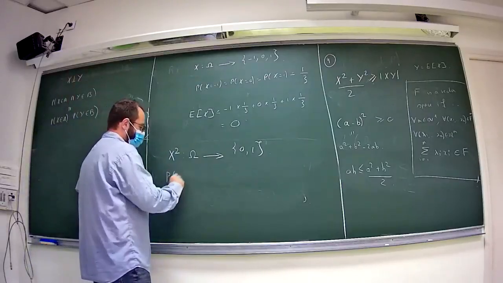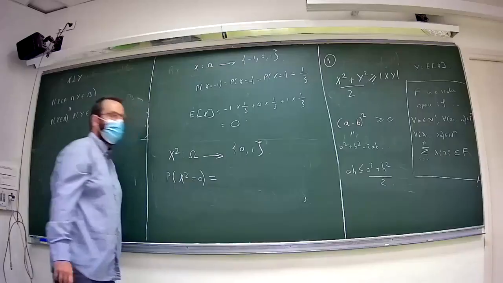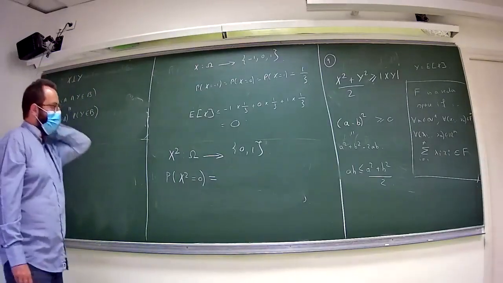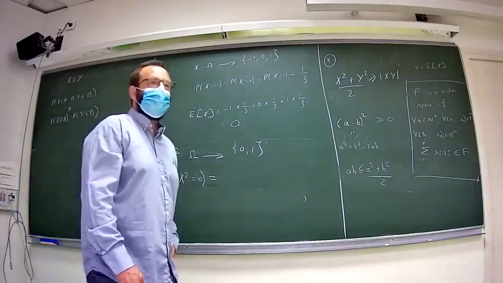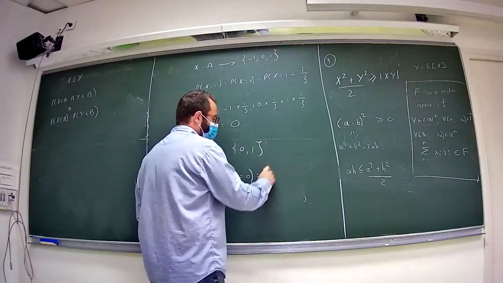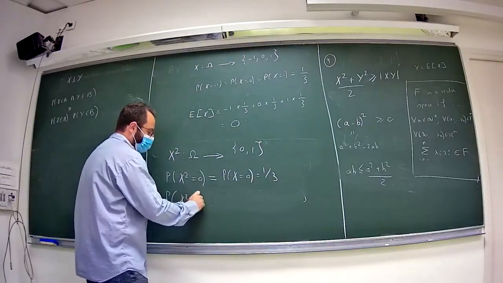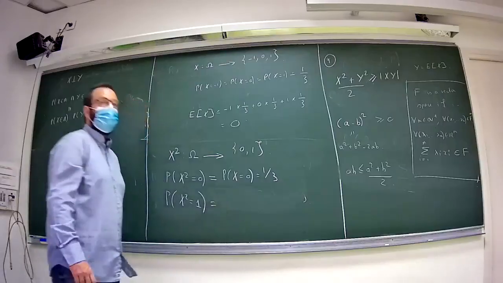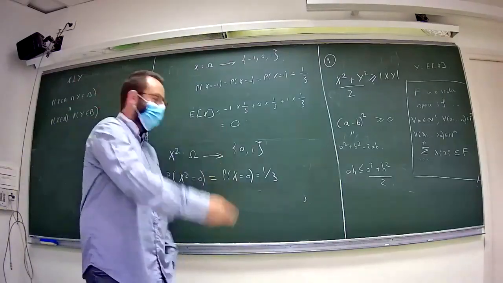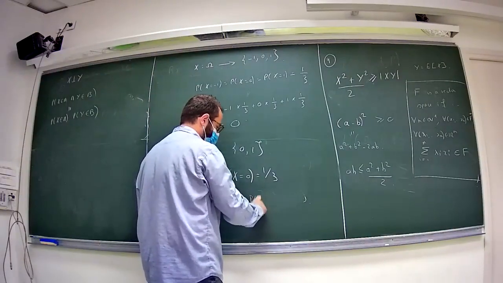The probability that X squared is equal to 0 is the probability that X is equal to 0, that is 1 over 3. And the probability that X squared is equal to 1 is 2 over 3, because it's the probability that X is equal to 1 plus the probability that X is equal to minus 1.